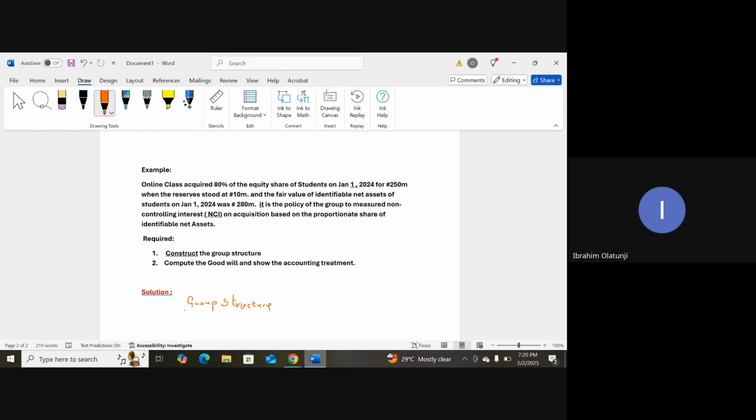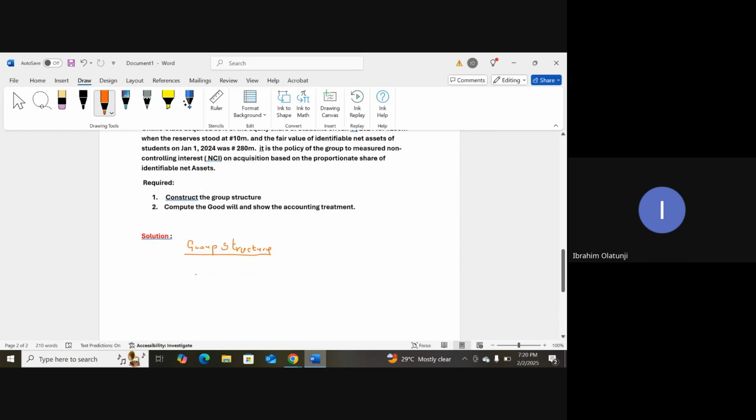So this group structure now, we can say Online acquires 80% of Students.